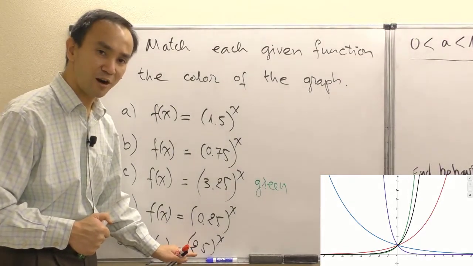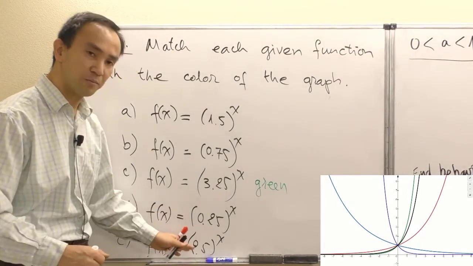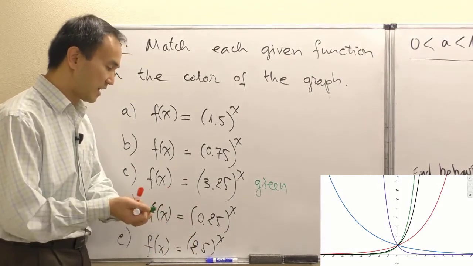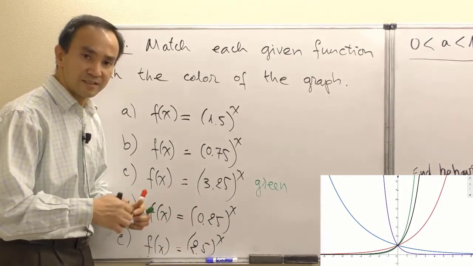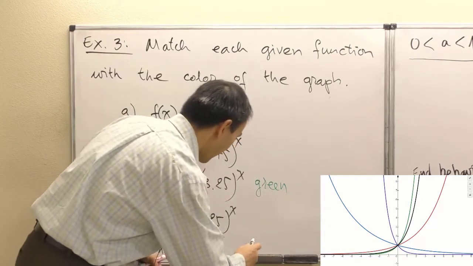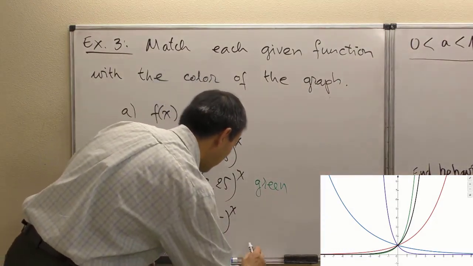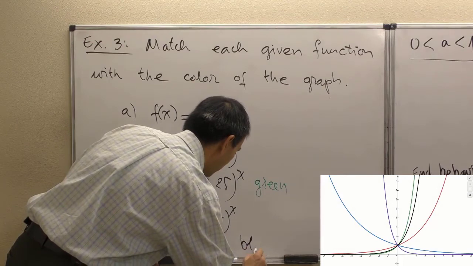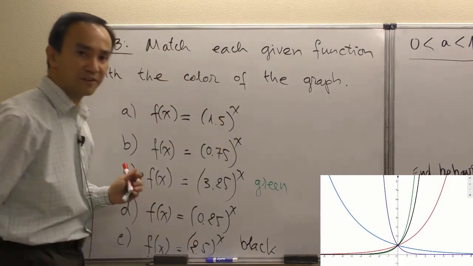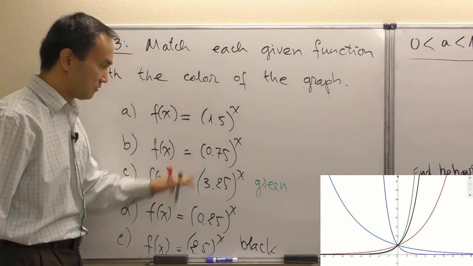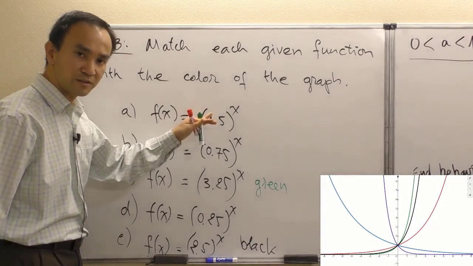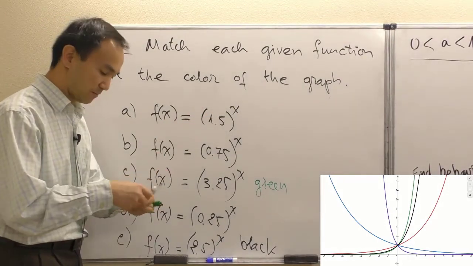We saw on the graph earlier, it was the black graph, the middle high one. So this one here is the black one, the black color graph like that. And now this one here being the last one, it's going to have to be the red one.